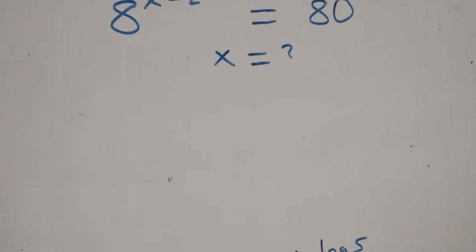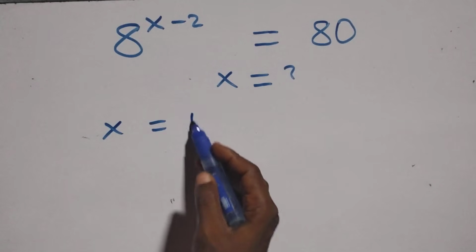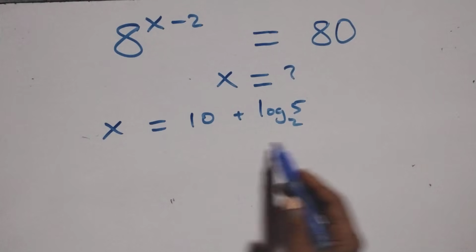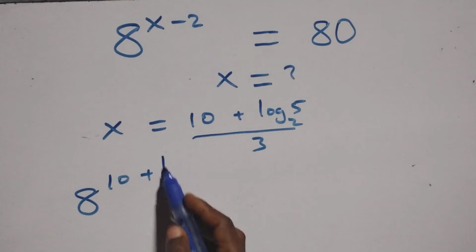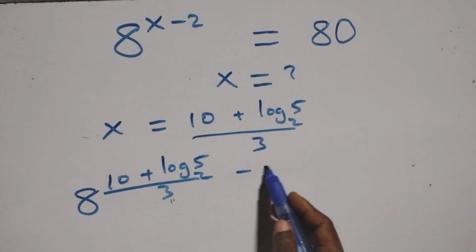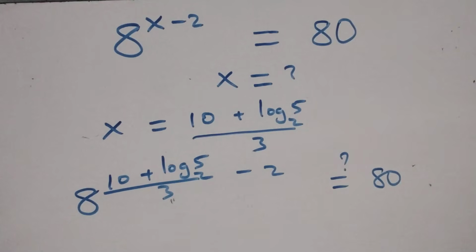Then let's check if this satisfies the given problem. We substitute the value of x, which is x equals 10 plus log 5 base 2 all over 3. What we have becomes 8 raised to power 10 plus log 5 base 2 all over 3 minus 2 equals 80 on this side.